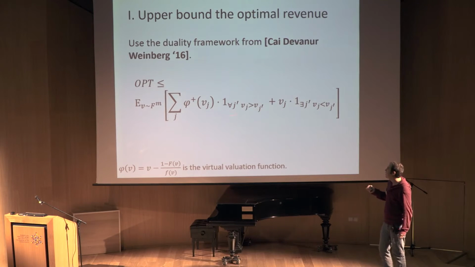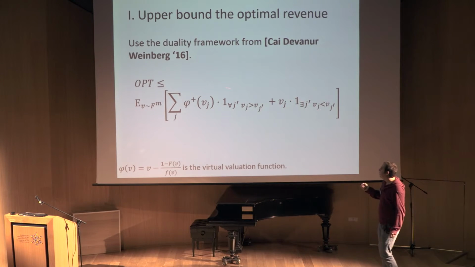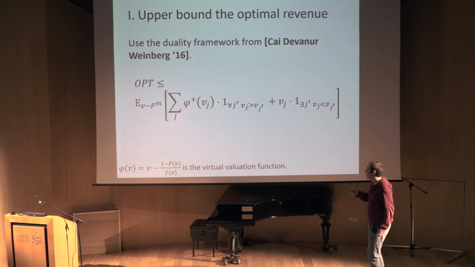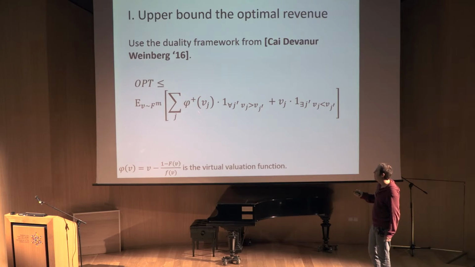So for instance, in their work, they gave the following upper bound on the optimal revenue. Let's say that the items are IID drawn. So let's go over this upper bound. The optimal revenue is upper bounded by the expectation over the values of, okay, so we have here phi, which is the virtual value function, as we know it, but only the positive portion.